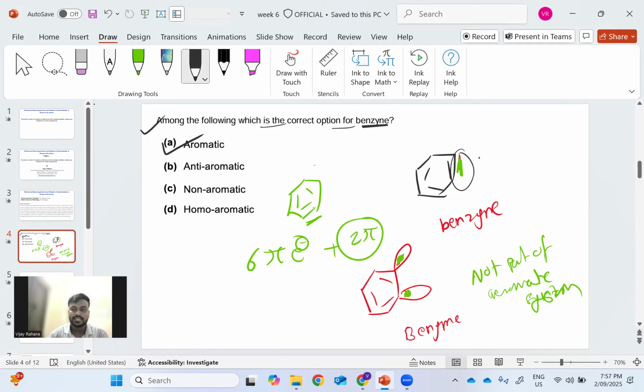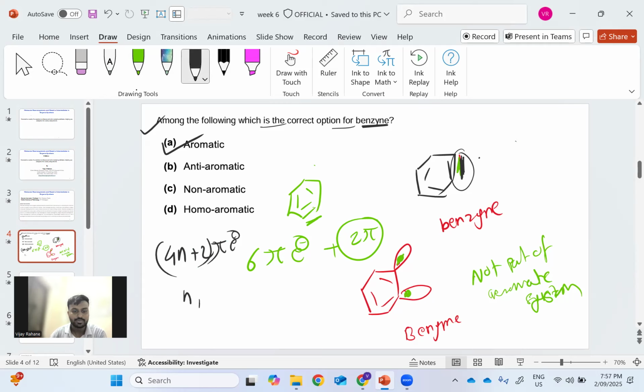Otherwise, if you count directly the 8 pi electrons, it is not like that. This part is not involved in the conjugation. Therefore, we need to count only these 6 pi electrons, which is again the 4n plus 2 pi electrons.